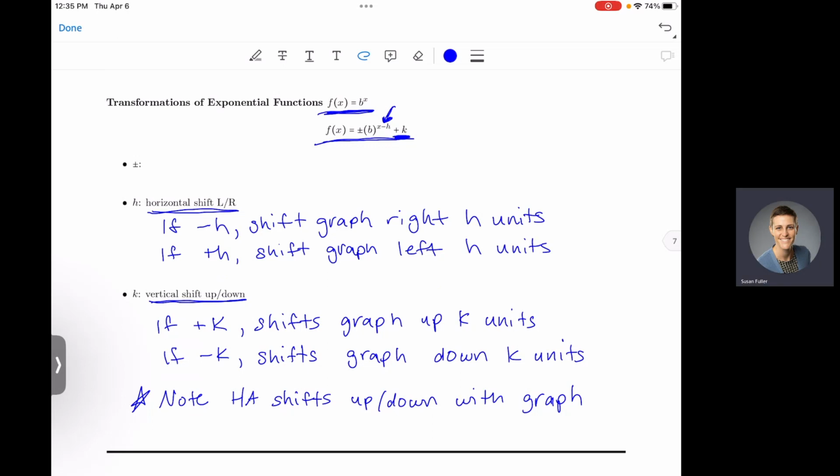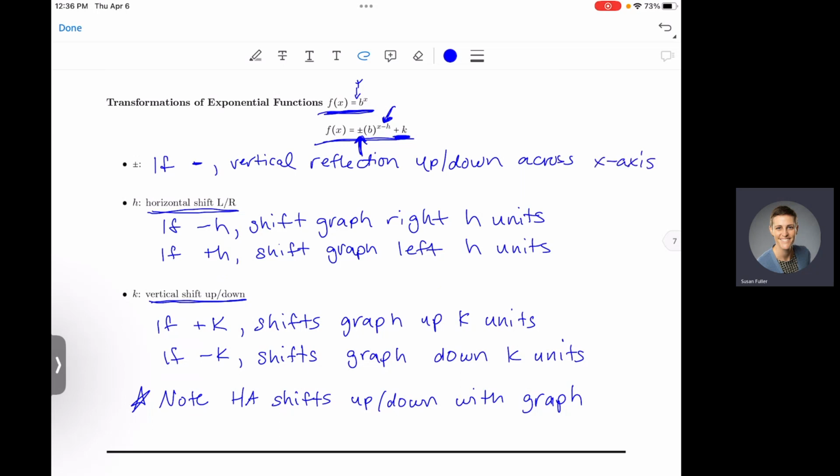Okay, and then last but not least, what about this plus and minus out front here? If it's a plus, that doesn't change anything, because technically right here, there's also b to the x, which is positive b to the x. It's kind of understood to be positive. The negative here, really what I mean by that plus or minus, is if you have a negative out front, then that's going to give you a vertical reflection up and down across the x-axis.